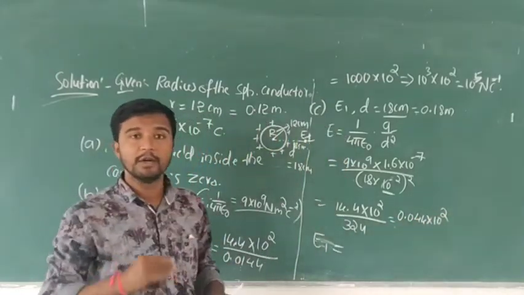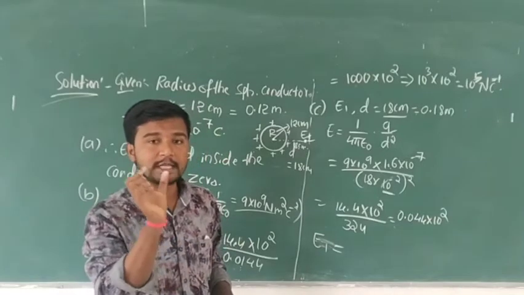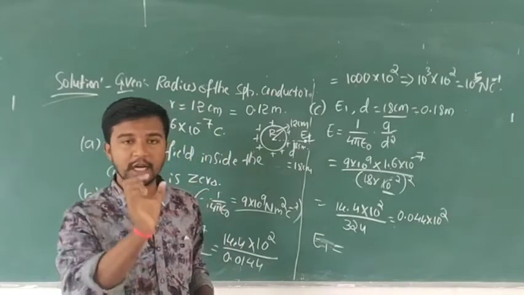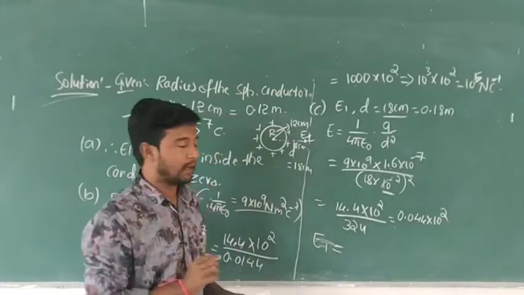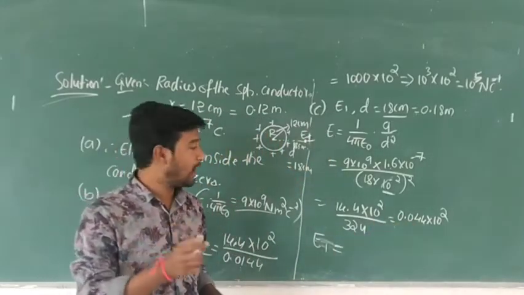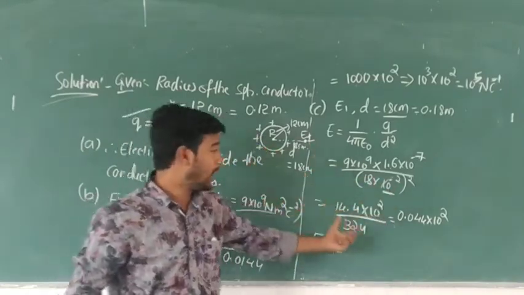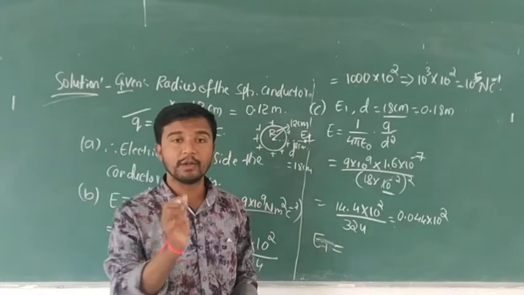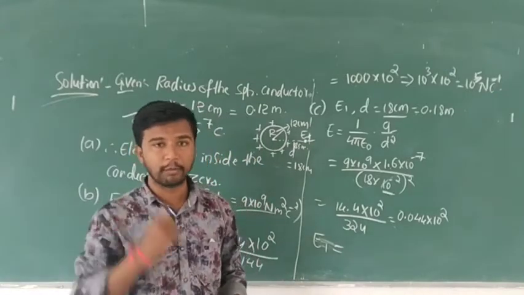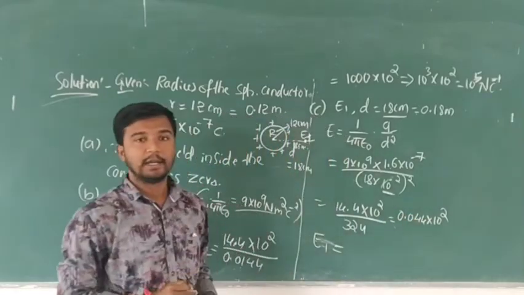So we have to solve it to a single number. If we want to bring one final equation, final answer, when it is like this, 0.044 into 10 to the power 2, we should take a single value. So how? The point is there, okay?